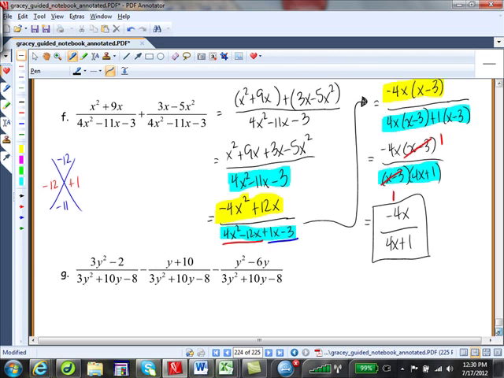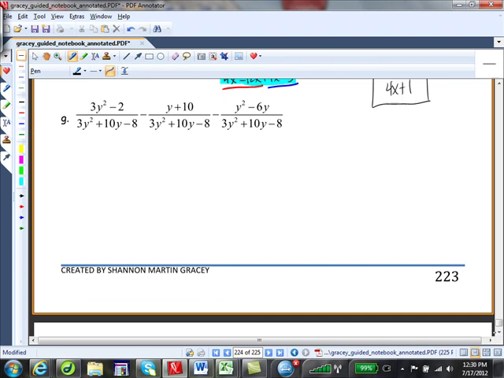Okay, let's look at this next guy. All right, so we have a common denominator of 3y squared plus 10y minus 8. And then we have a 3y squared minus 2 minus quantity y plus 10 minus quantity y squared minus 6y.